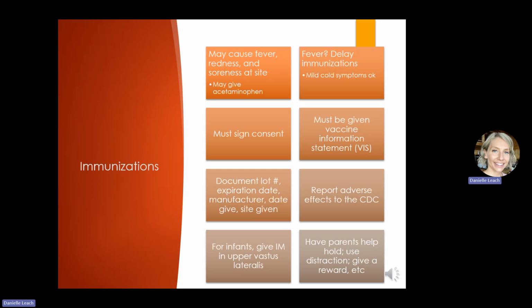So we can have parents help hold them, sort of like holding them down, which some parents don't necessarily love. But sometimes even just putting the child on their lap and giving them almost a hug around their arms to hold them down, to make sure that they're not thrashing around while we're giving them their injection.